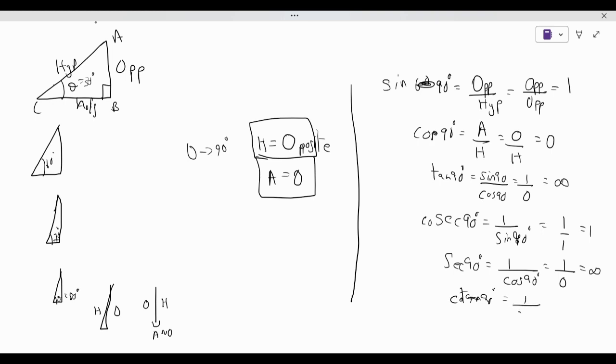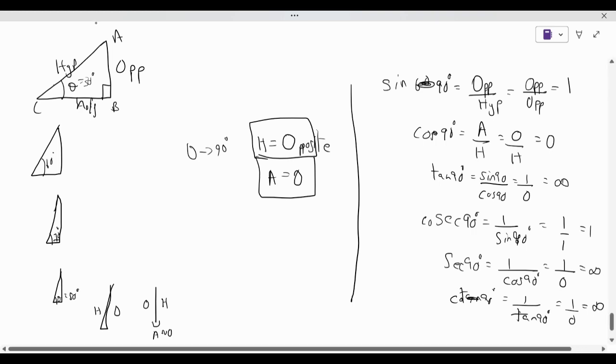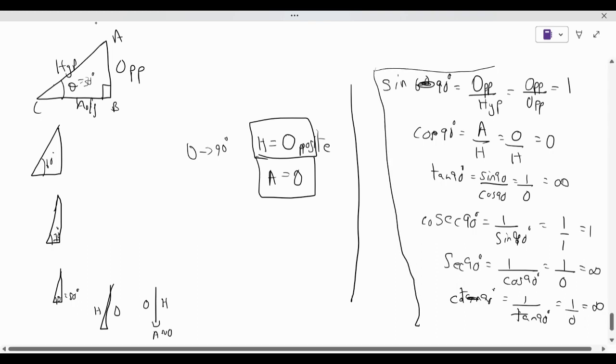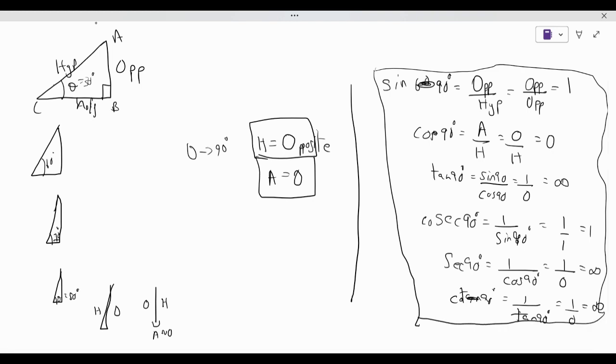Cot 90 degrees will be equal to 1 by tan 90 degrees, 1 by 0, equal to infinity. So these will be the derivations for 90 degrees. Take a snapshot of this if you require, then we'll proceed.